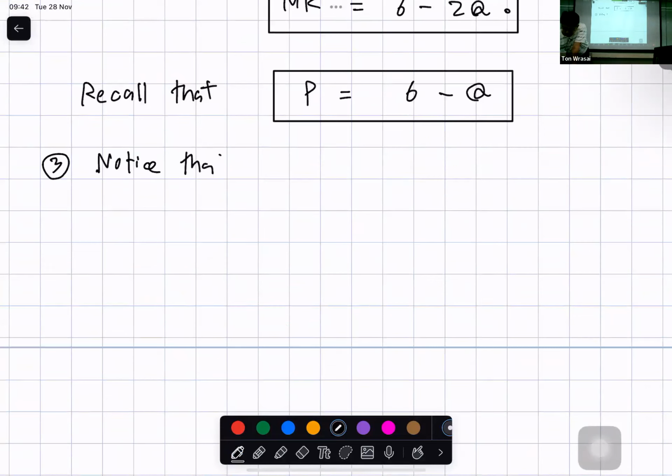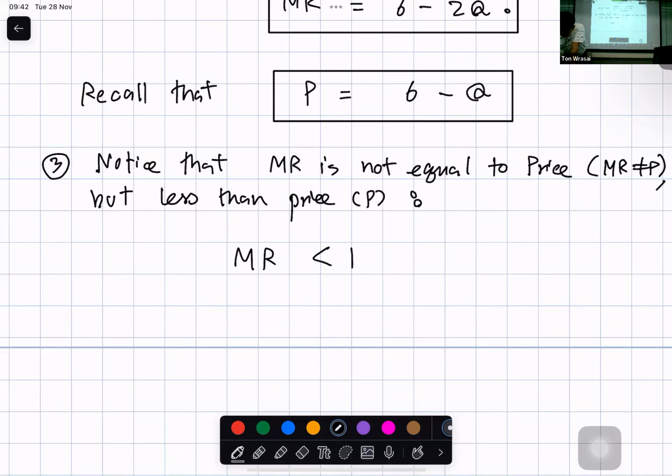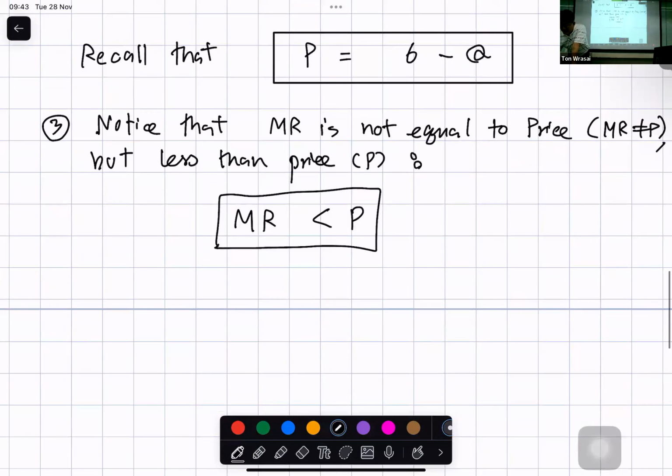Notice that marginal revenue is not equal to price, but it's less than price.